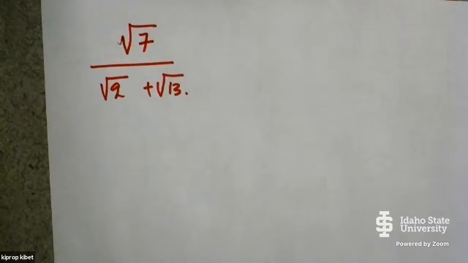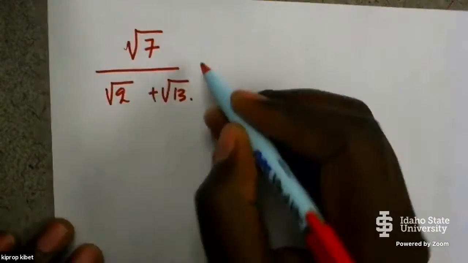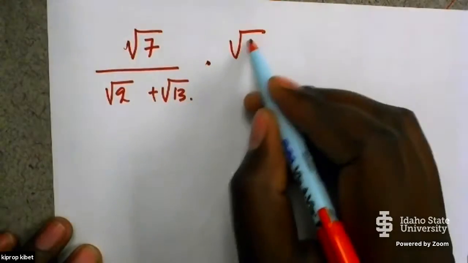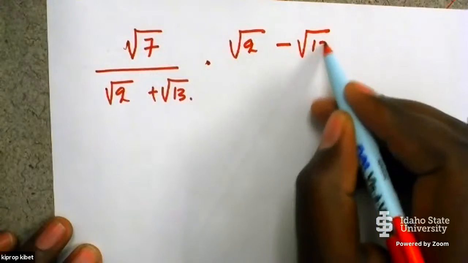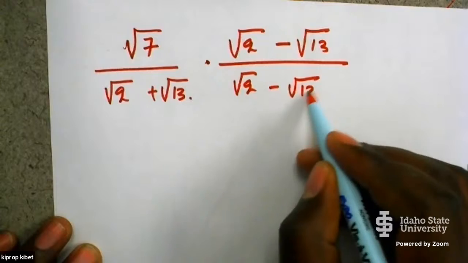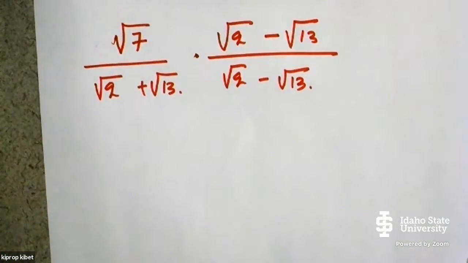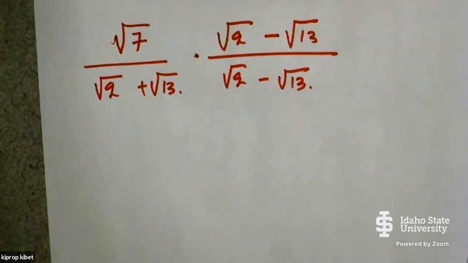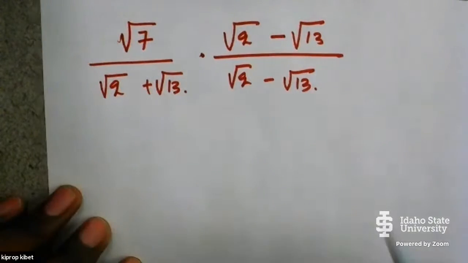And the conjugate of this has a minus here. So it will be similar to multiplying by the root of q minus the root of 13 all over the root of q minus the root of 13. So you basically just do the opposite. You multiply by the conjugate.